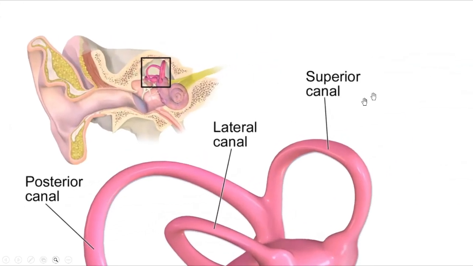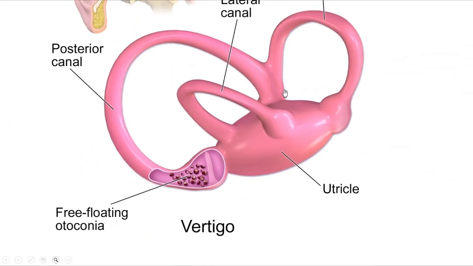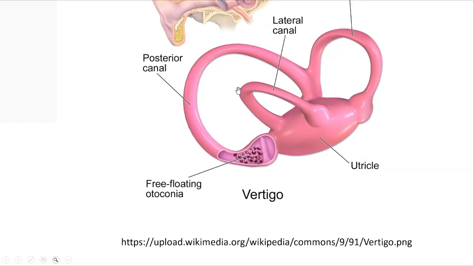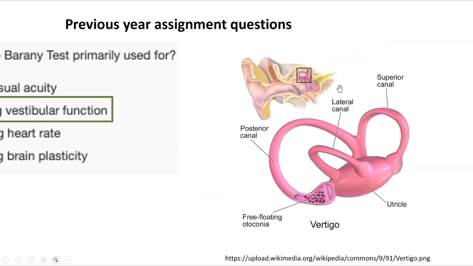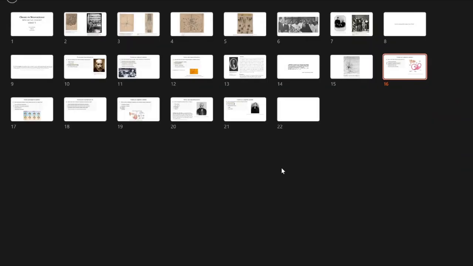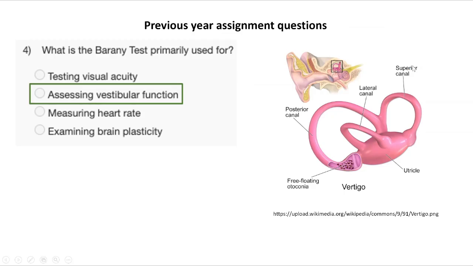So the semicircular canals are basically three different rings, right? The posterior canal, the lateral canal, and the superior canal. These calcium crystals get deposited in the posterior canal, and because of that, the individual experiences vertigo.